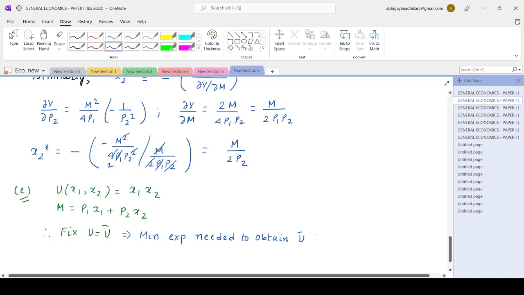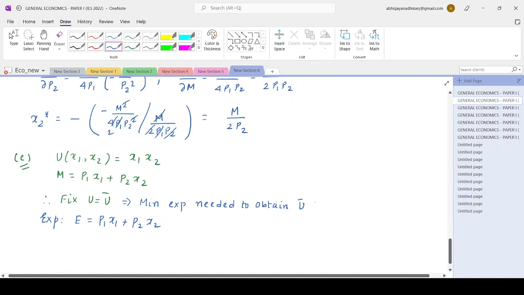The expenditure is basically the amount that you will spend in consuming the two goods, right? So what is my objective? I'll try to minimize expenditure, that means E, which is equal to p1 x1 plus p2 x2, subject to u equals u bar.